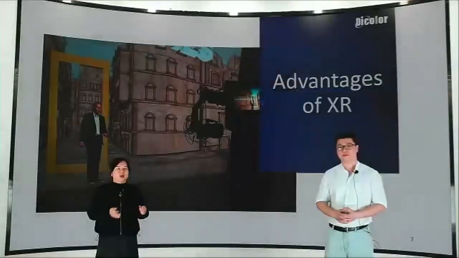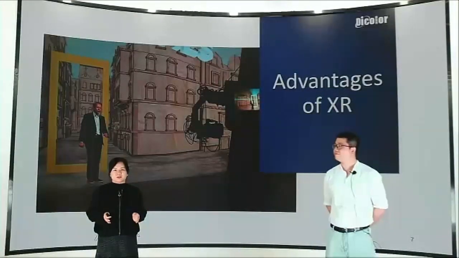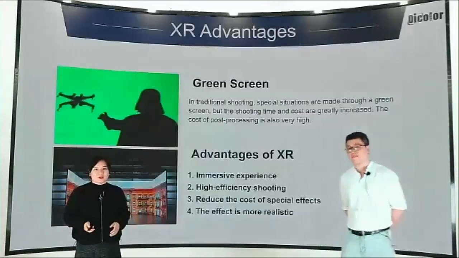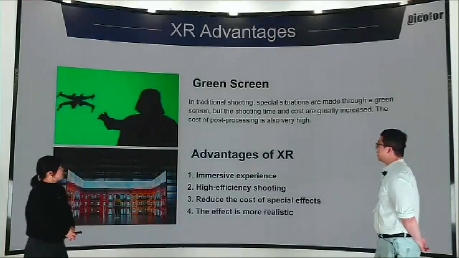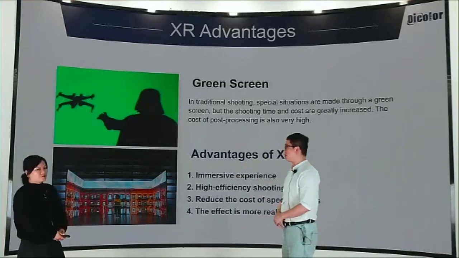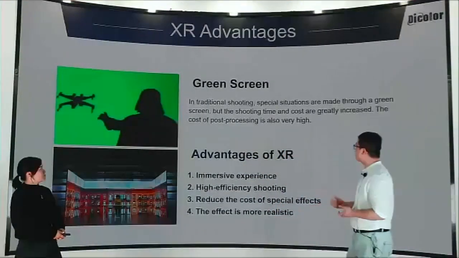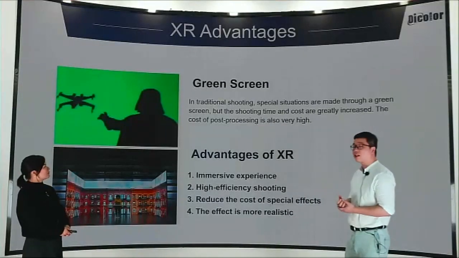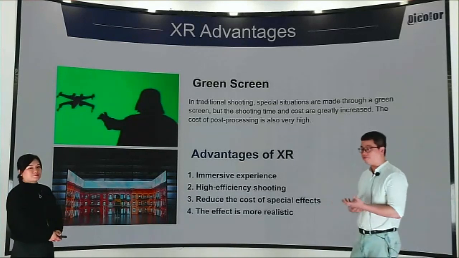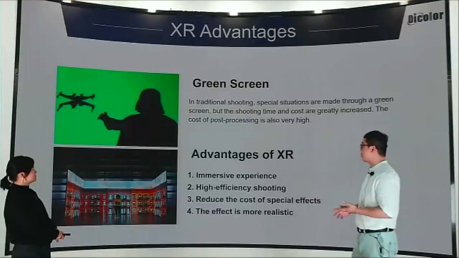Now we understand the definition, but what are the advantages of XR technology? Can we find it out? All of us will see these 2 photos here. In traditional shooting, special situations are made through a green screen. But the shooting time and the cost are very expensive, maybe 6 times more than the XR stage.